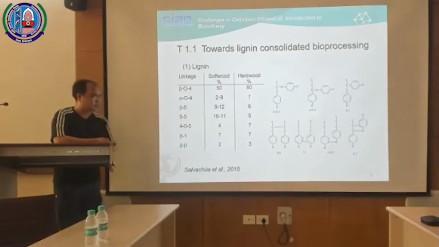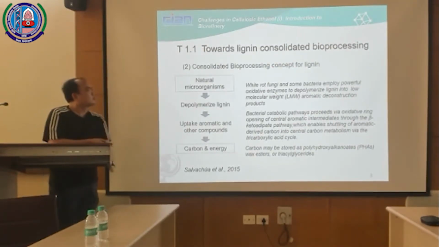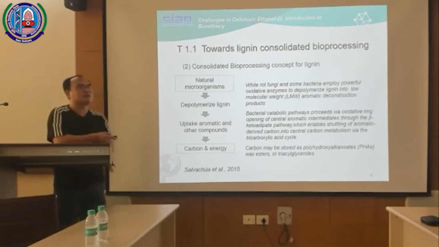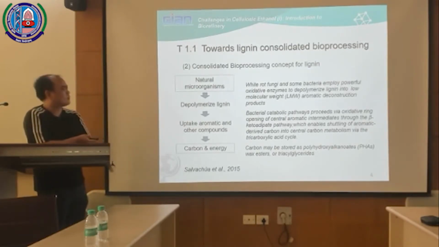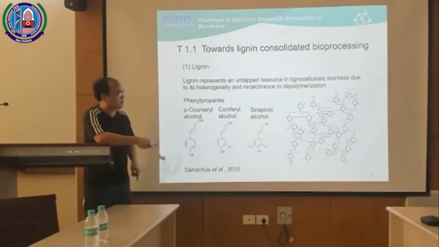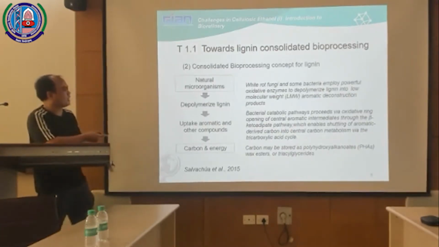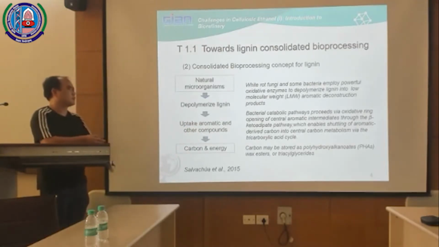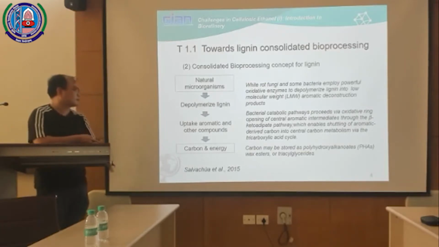Lignin consolidated bioprocessing is based on the degradation of lignin. First, the lignin should be depolymerized. The huge macromolecular structure should be broken down into small, low molecular weight molecules, usually composed of aromatic derivatives.